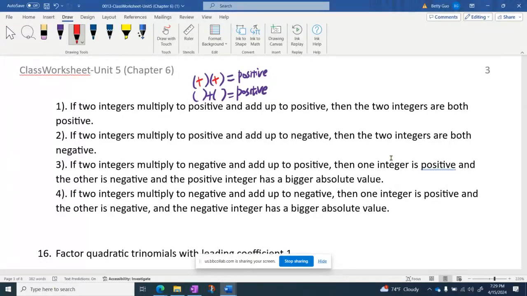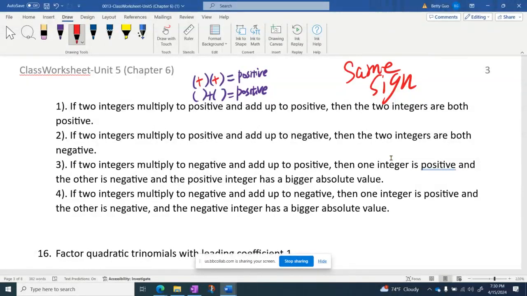They either are both positive or both negative in order for them to multiply to a positive number, right? Because if the 2 numbers have opposite signs, their multiplication is supposed to be negative. Do you agree?